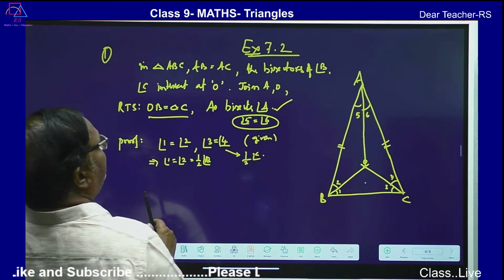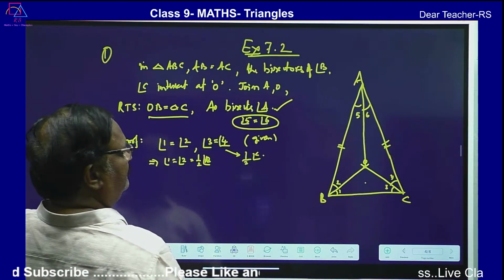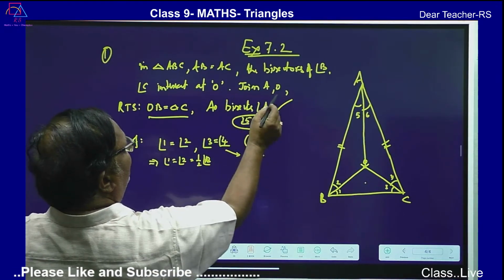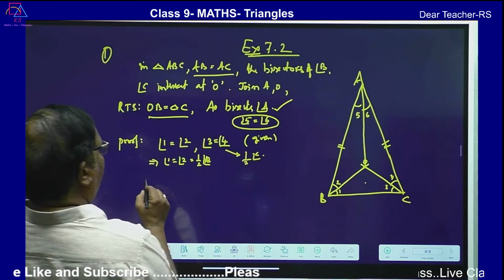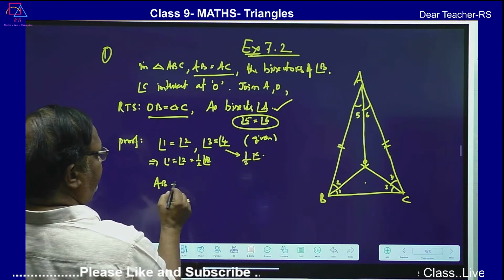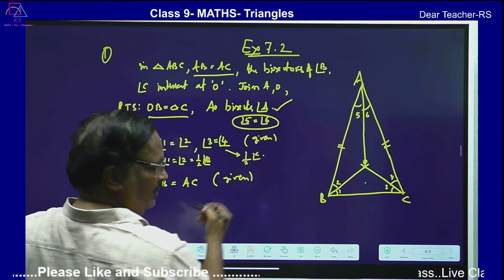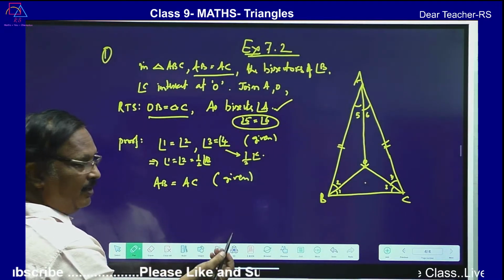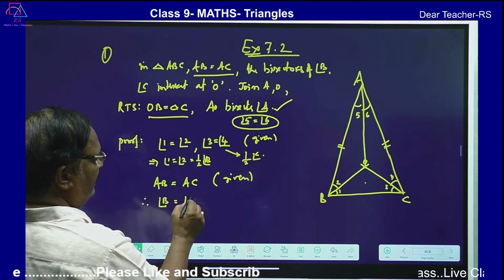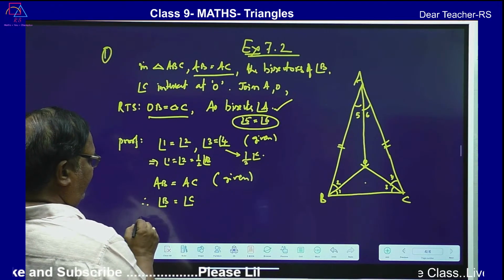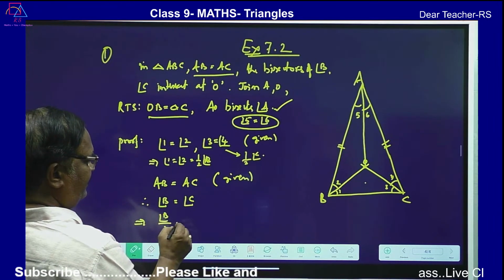So now join AO. AB is equal to AC, given. Therefore, opposite angles are equal. Therefore, angle B is equal to angle C. Divide with half: angle B by 2 is equal to angle C by 2.